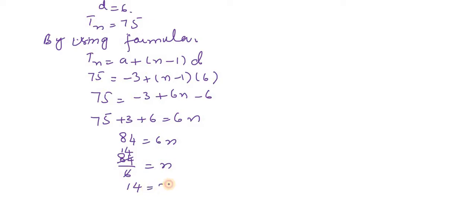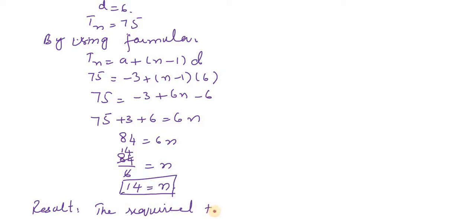So the 14th term of the arithmetic progression is 75. The result is, the required term is the 14th term.